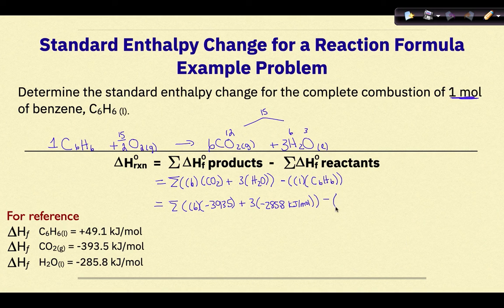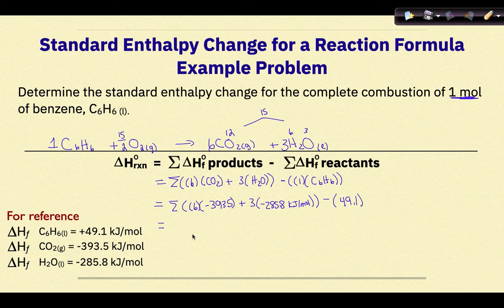Okay, minus my 1 mole of benzene. I'm not going to put the 1 mole in, so that's 49.1. And then I'm going to work this all out. I'm going to multiply together the 6 times the 393.5 plus 3 times the negative 285.8. I'm going to get an answer there, and then I'm going to subtract 49.1.